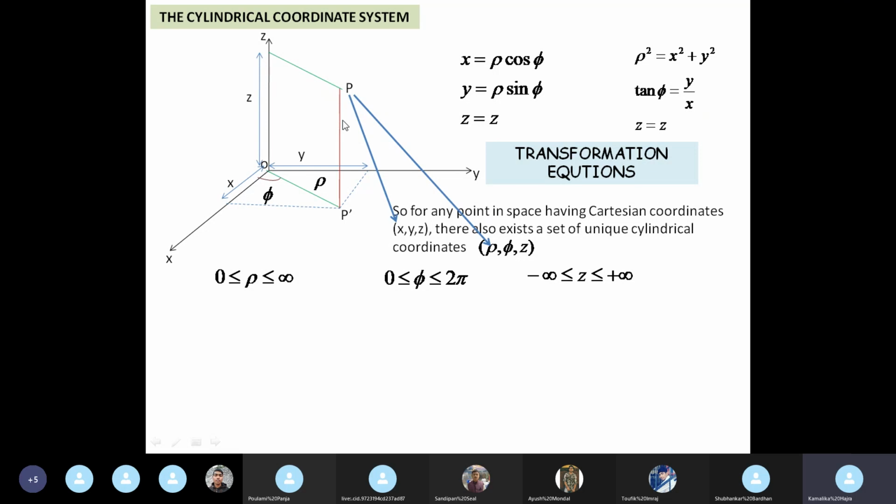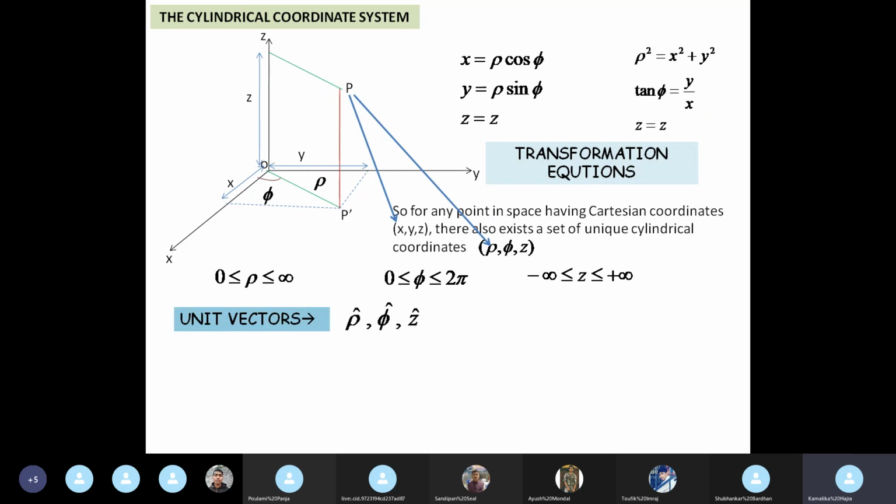But if you don't state z, then it can still be anywhere along this line. Phi is fixed, so it will be along this line, but it can be anywhere. So you fix z, the height, and then you fix the position of the point P. All right, so that is how the parameters rho, phi and z form the coordinates of the point P.